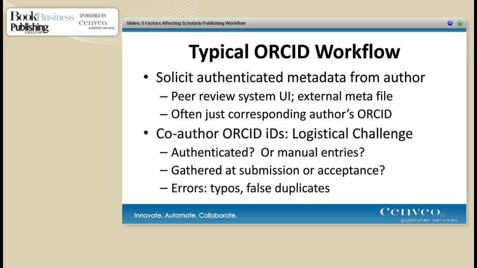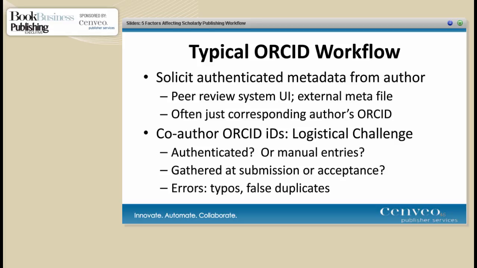Some of the peer review systems support notifying co-authors to sign in and authenticate. That can be part of the submission process or at acceptance. Some common problems include typos in manually entered IDs and ORCIDs repeated across multiple authors due to errors in the peer review system. So verification is important.